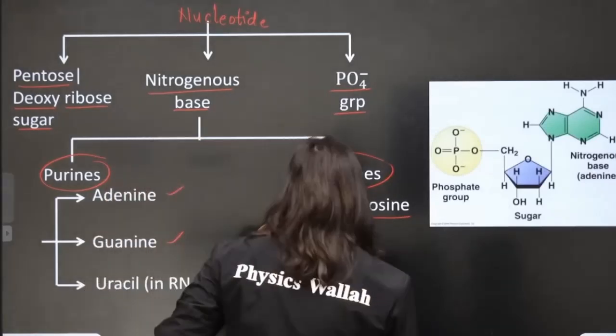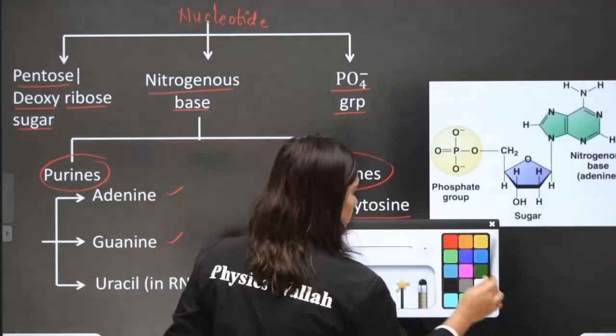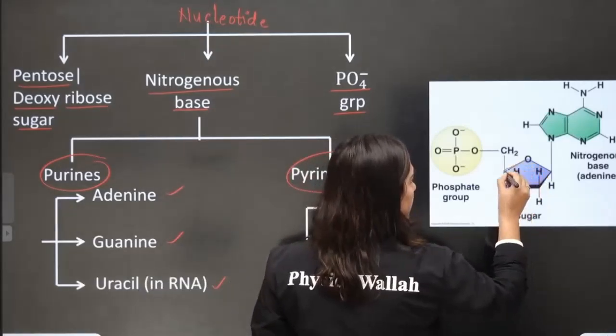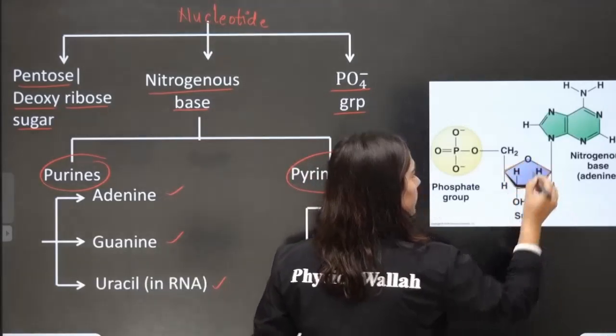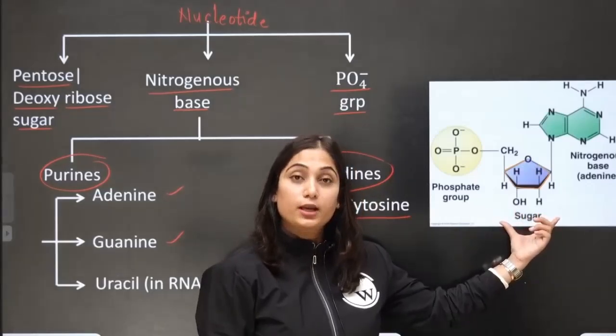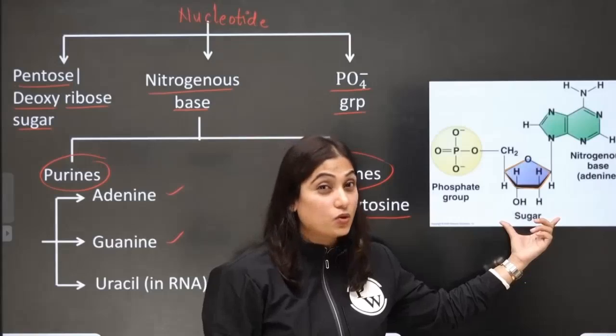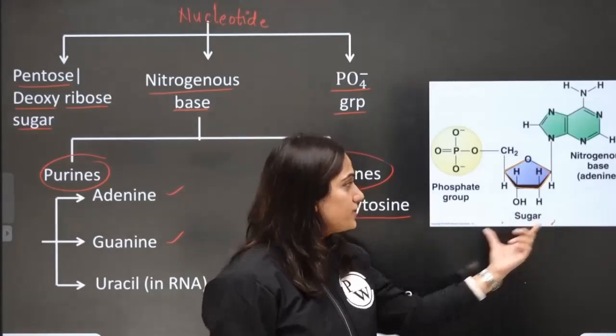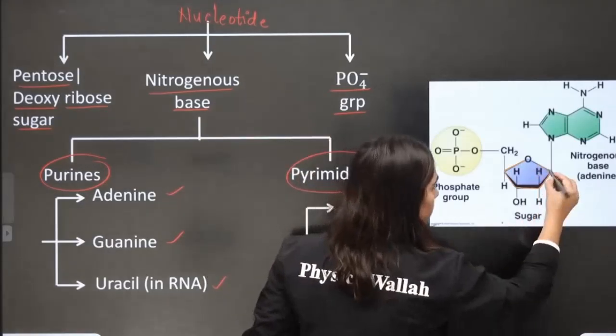In the center, you can see a deoxyribose sugar. Now, why is it called deoxy? Because you can see it. Let me number the carbons.